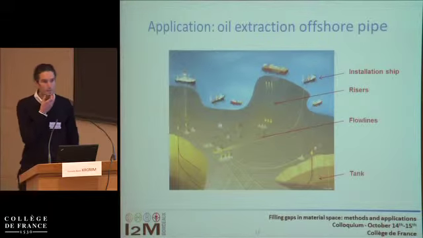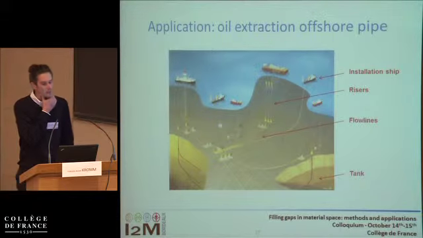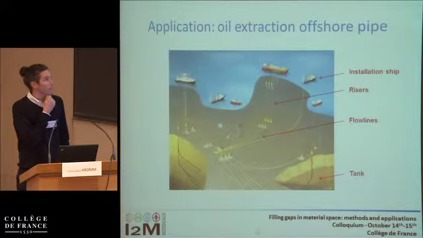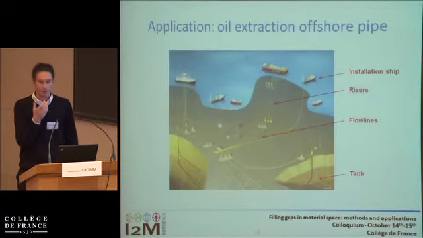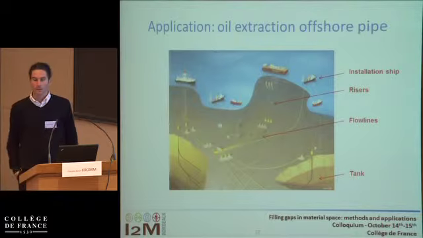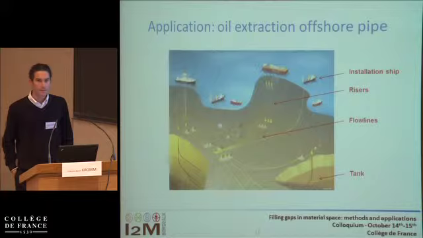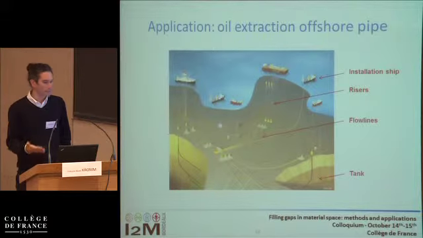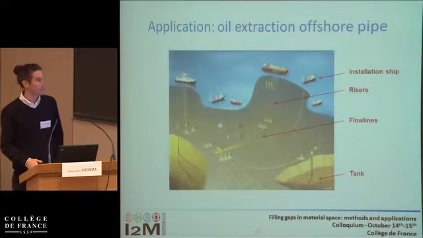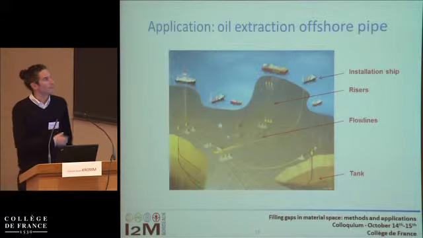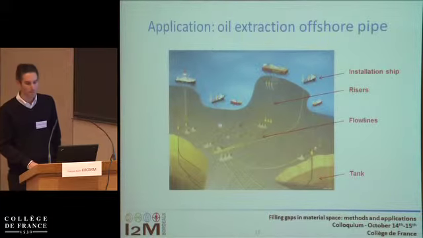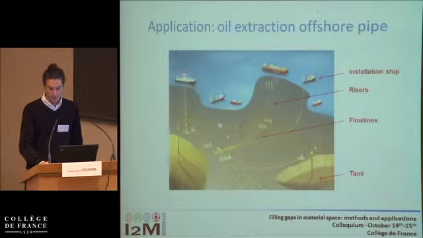In order to illustrate that, we have applied it to an offshore oil extraction pipe. These pipes were the flow lines, which are the pipes that lie on the ground under the sea at great depth. And the set of requirements was dealing with the exploitation, the extraction of oil, so when it's under the sea, but the installation too, so the transportation on the ship.